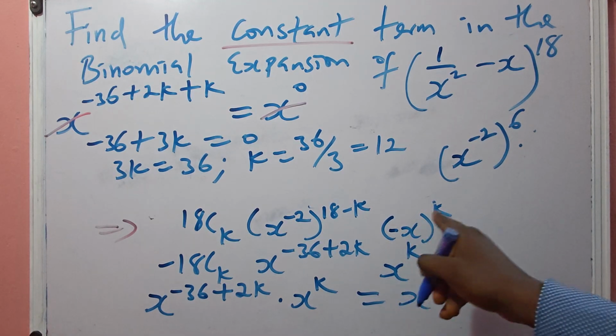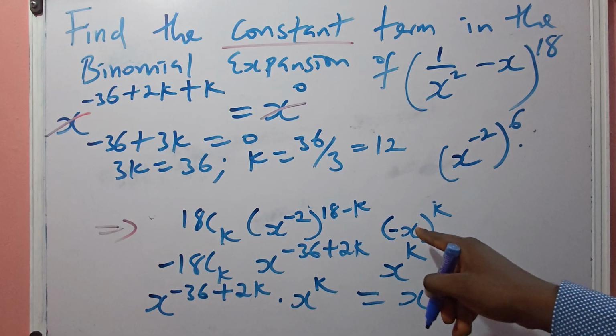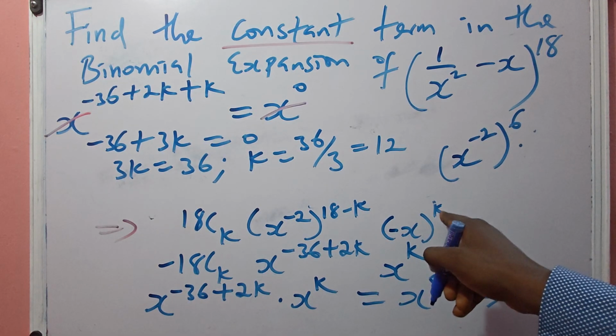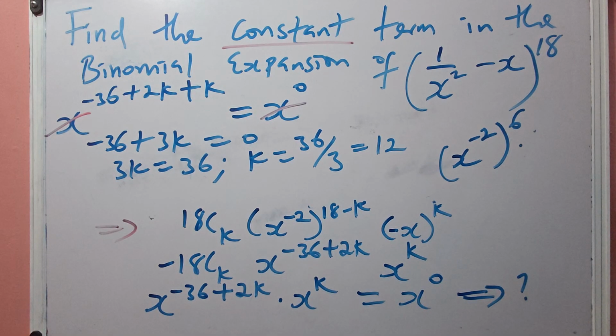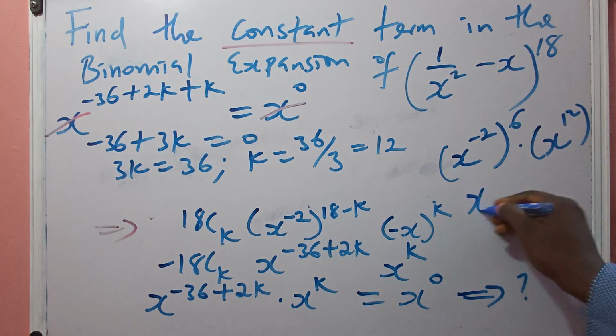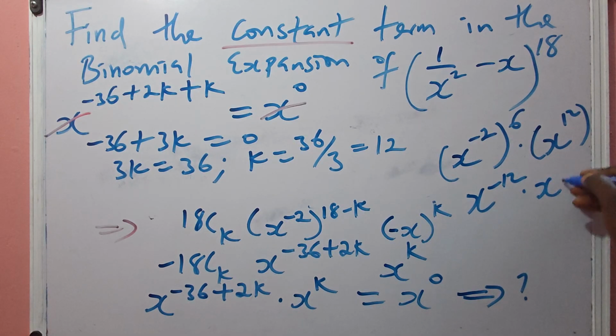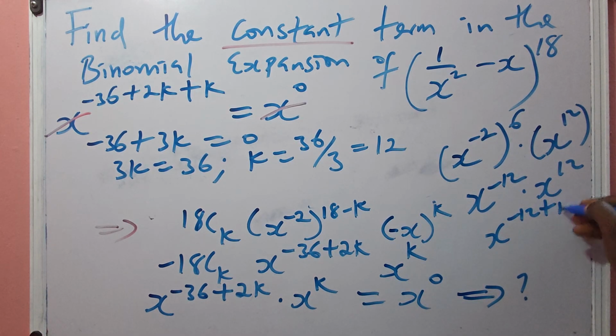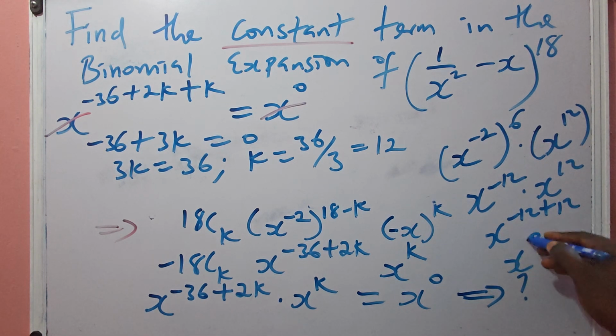The minus will go because of the 12, because any minus raised to an even number would always cancel out the minus. So we'll be having a final answer of x raised to the power 12. All right. Looking at this, we have x raised to the power minus 12 times x raised to the power 12. Then we have x raised to the power minus 12 plus 12. This will give me x raised to the power 0.